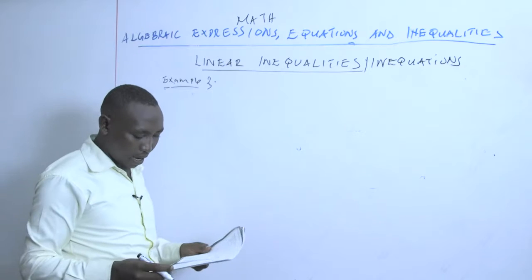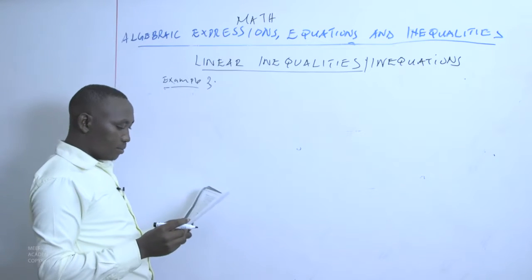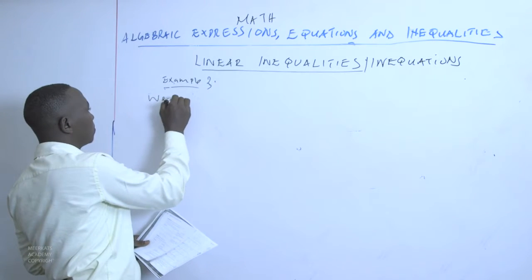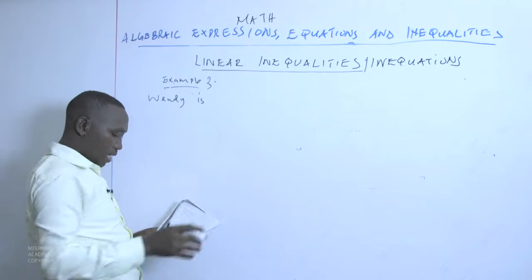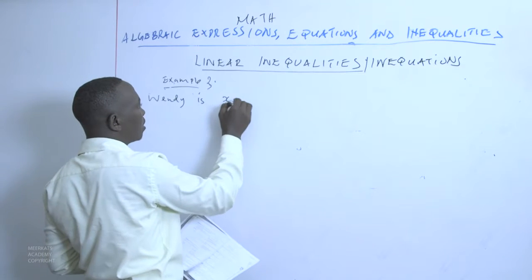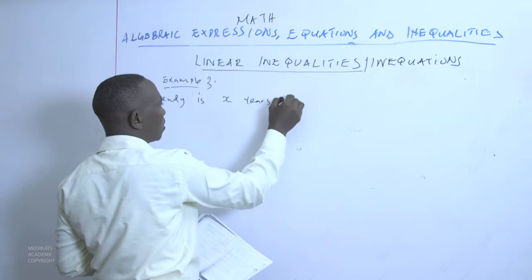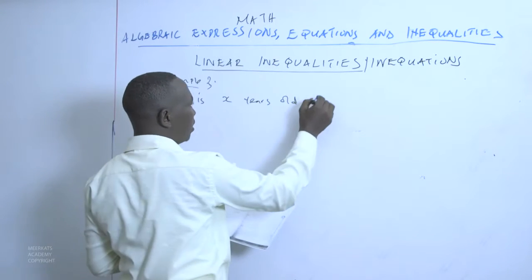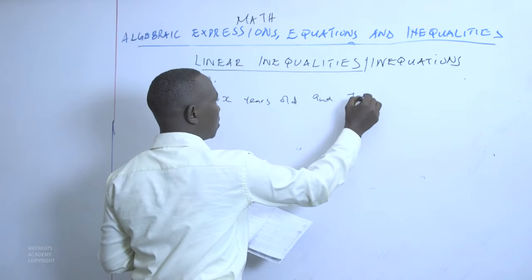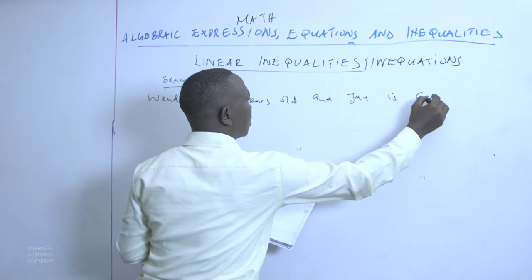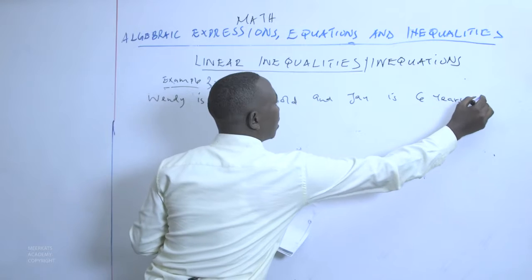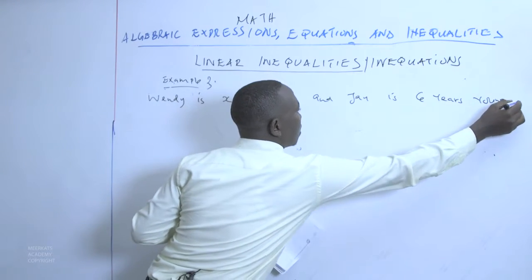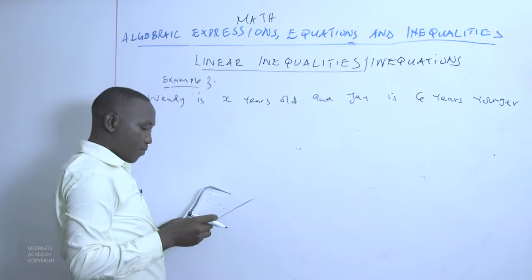Example 3. Wendy is x years old and J is 6 years younger.